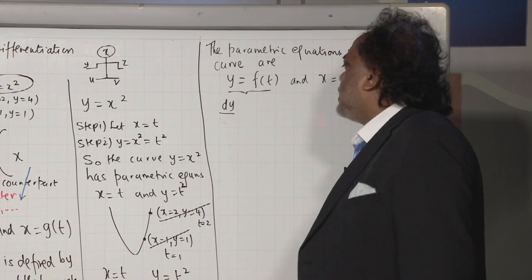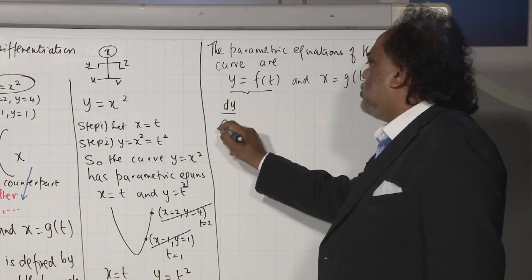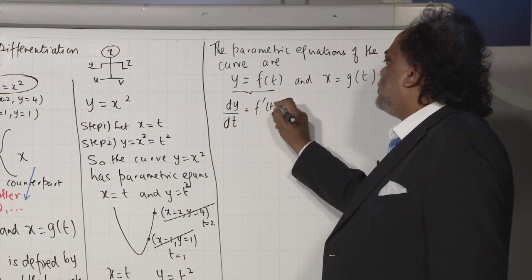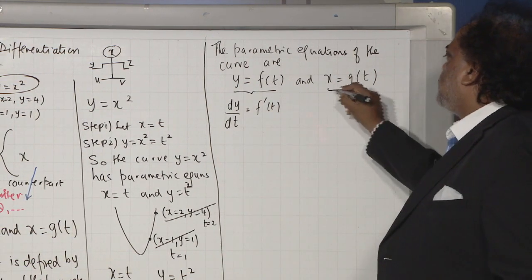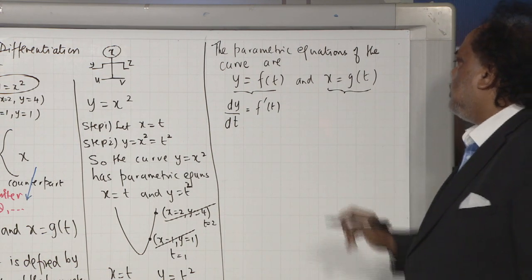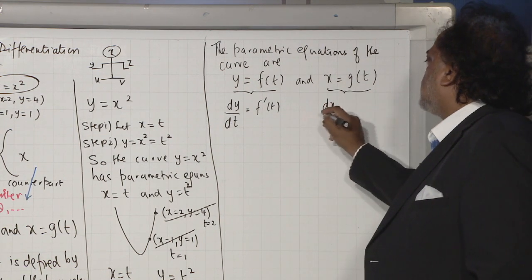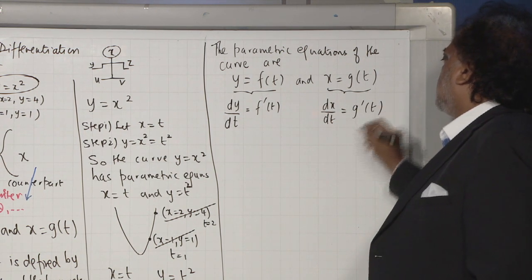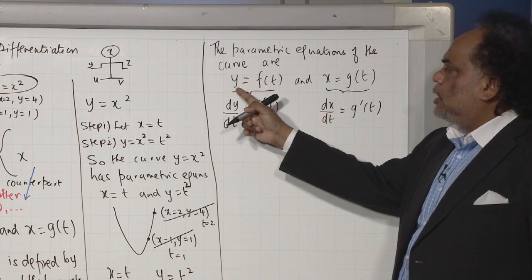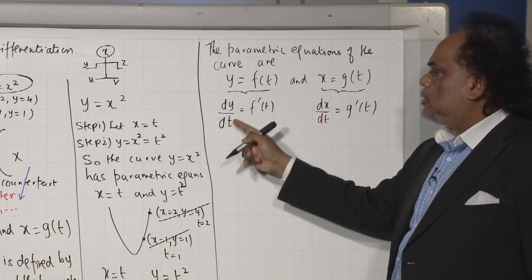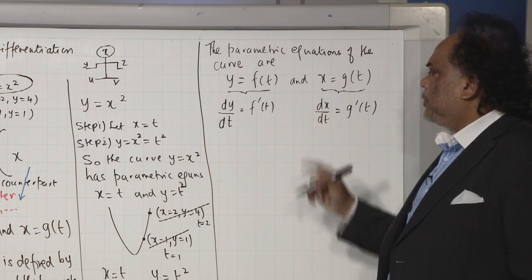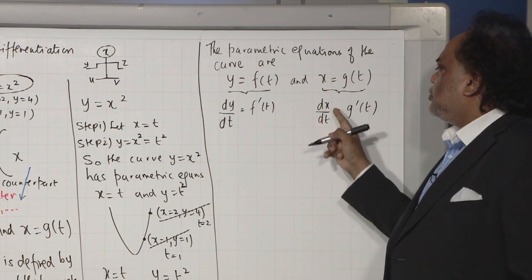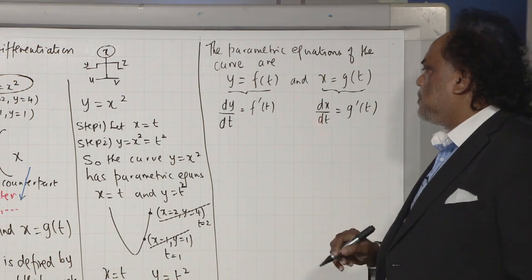This is the equation connecting y to t, so I differentiate y with respect to t and obtain dy by dt. Here it's an equation connecting x to t, so I differentiate to obtain dx by dt.